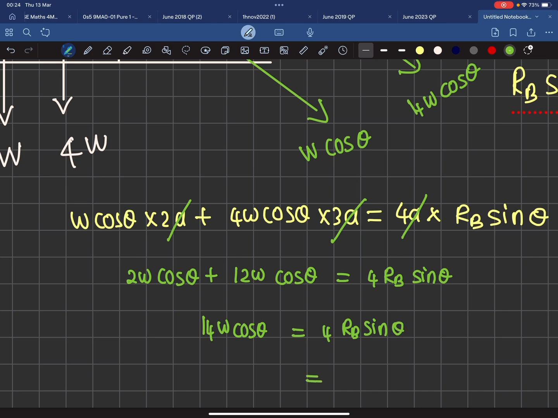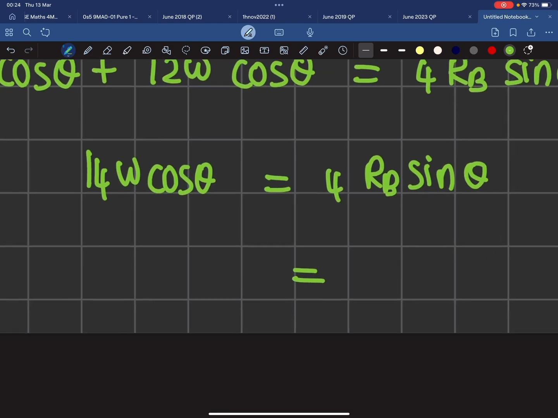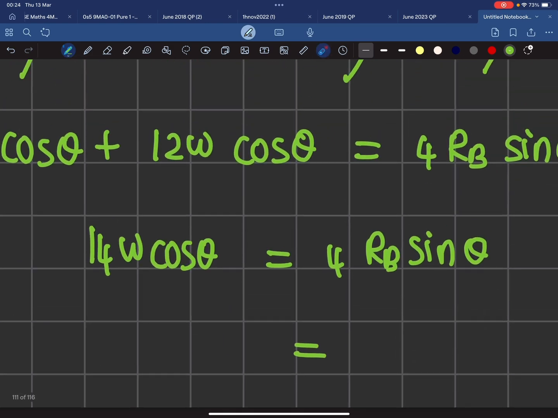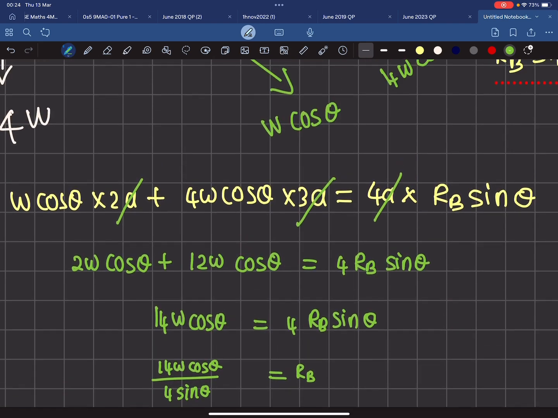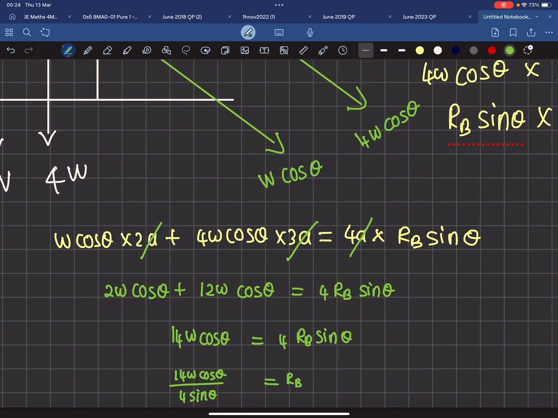And then if I divide it by 4 sine theta, I can get rid of this 4 and sine theta. So RB equals 14W cos theta divided by 4 sine theta, which would then become 7 over 2 W over tan theta. So I'm going to write it as 1 over tan theta.